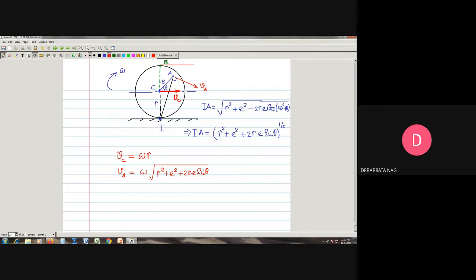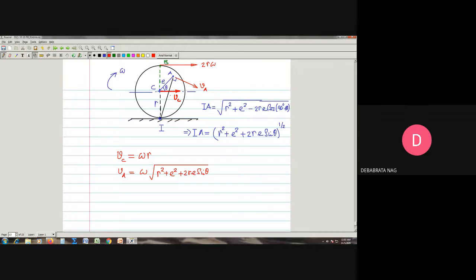First of all, it must be perpendicular. Secondly, it must be omega into this distance, that is IB. So it is actually equal to 2R into omega, because this is R, this is also R, so it will be 2R into omega.